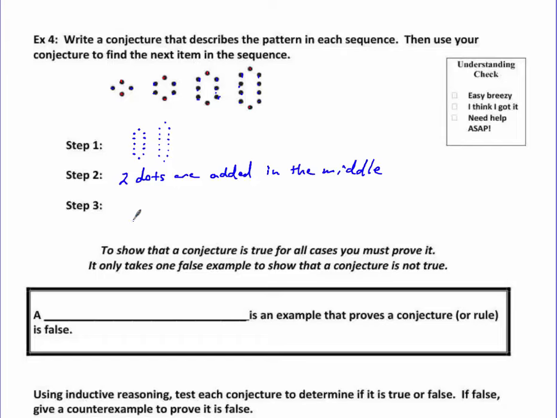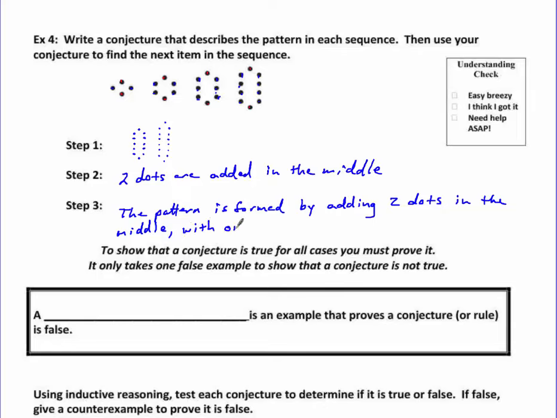So I'm going to write my conjecture, and my conjecture, I'm going to say that the pattern is formed by adding 2 dots in the middle with 1 on each side.